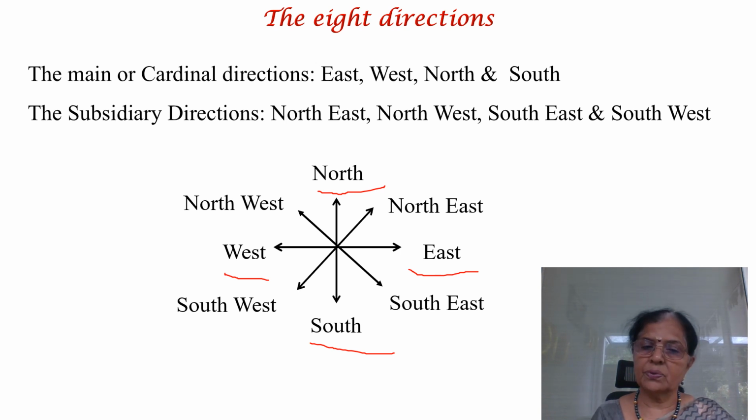is west. So now the main directions are over, and now you should be able to mark the subsidiary directions. It's very simple and easy, because between north and east you will see northeast, between south and east you see southeast, between north and west you see northwest, and between south and west you mark southwest.